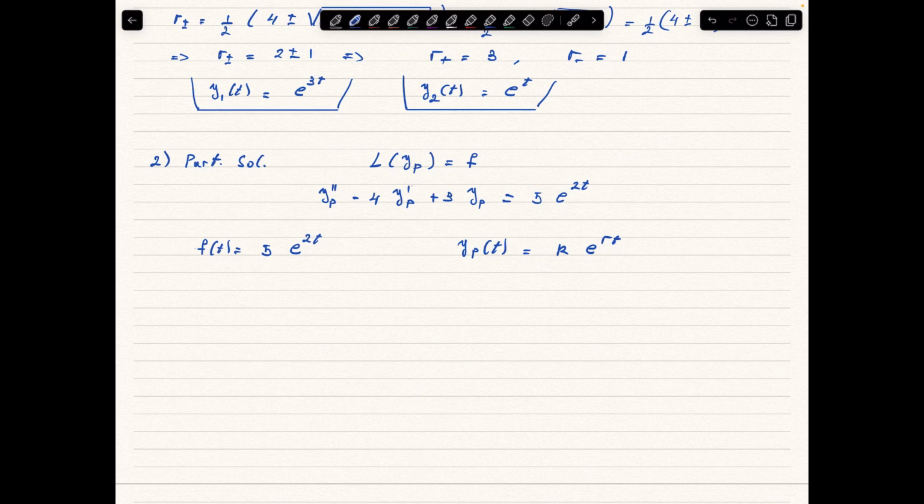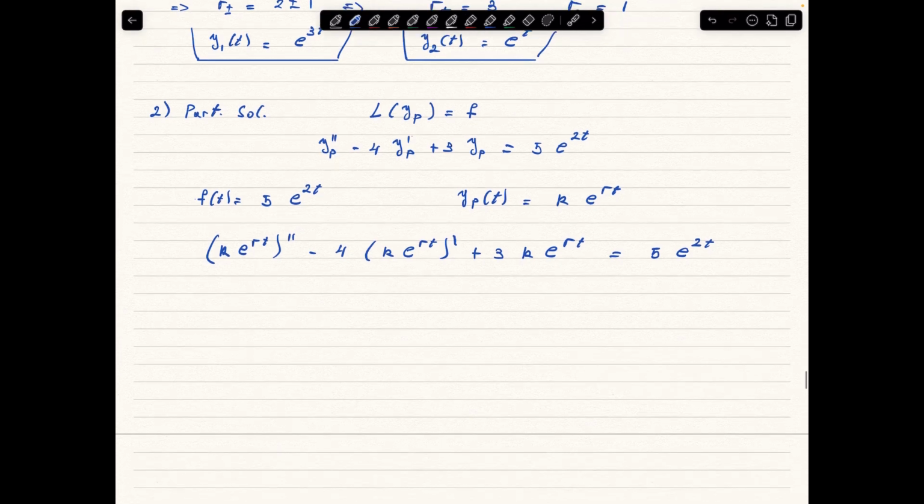We compute the two derivatives as usual, so we need to do k exponential rt, compute two derivatives, then minus 4 k exponential rt first derivative plus 3 k exponential rt, and now this has to be equal to 5 exponential 2t.